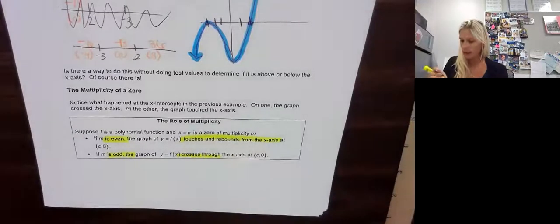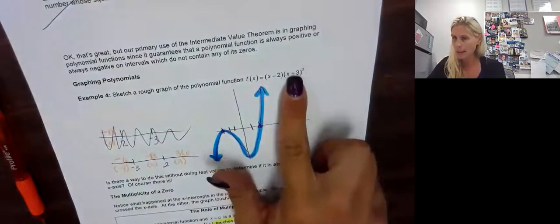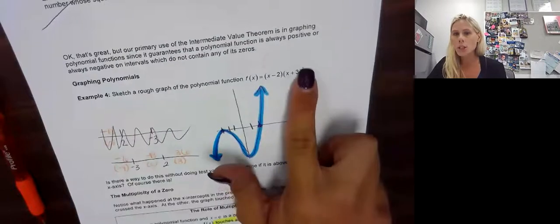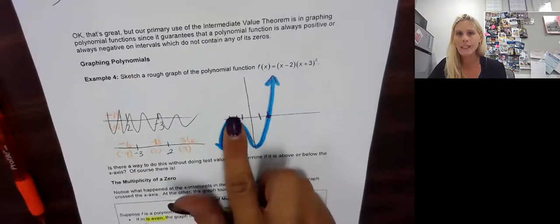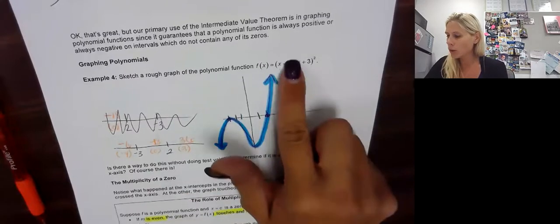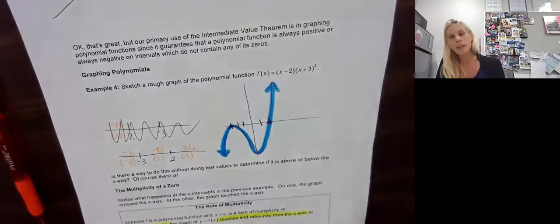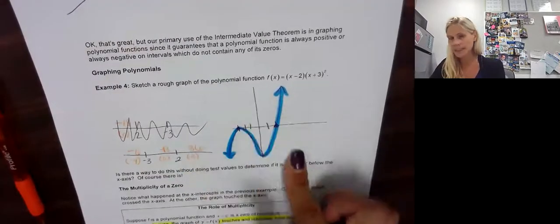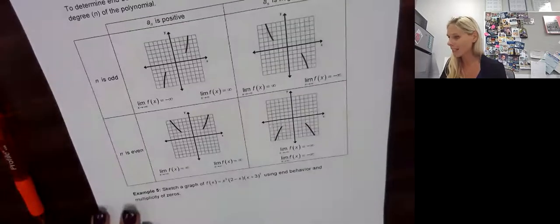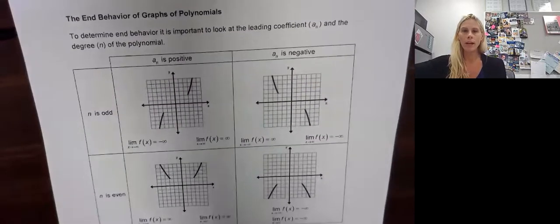Let me show you with this last example. The exponent for the factor that makes -3 zero is 2, which is even, so that's why at -3 it touched. And at 2, that exponent is 1, so that's why it crossed. Well, that's great, but can't it touch from the top and cross down here? Yes, it can. So what we also have to keep in mind is end behavior.